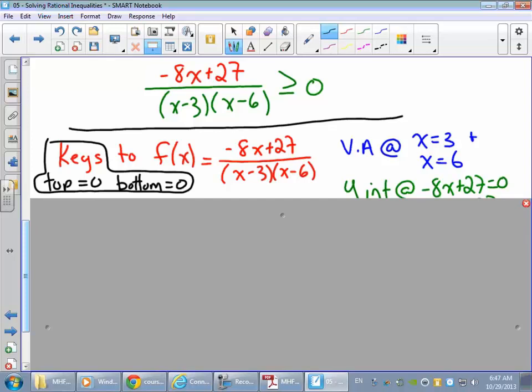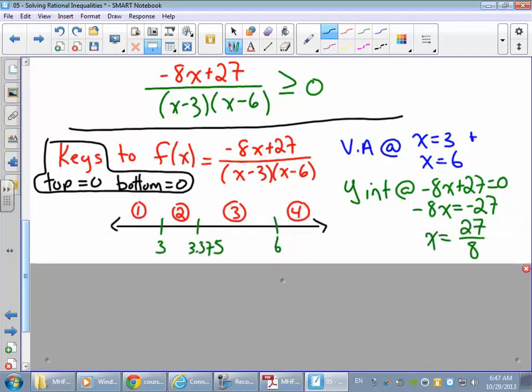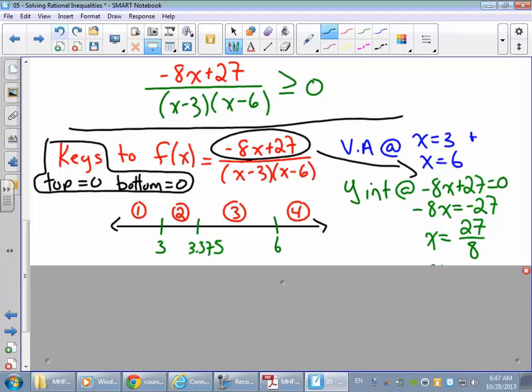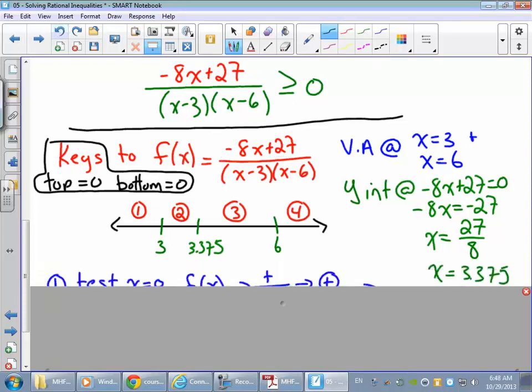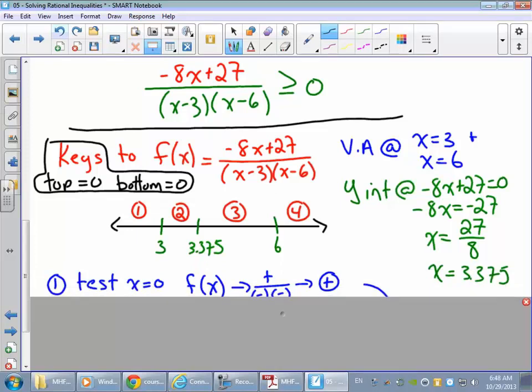And so, off to the side, vertical asymptotes at 3 and 6. And the y-intercept is when x is 0, so I did that over there. Let x be 0, and when we simplify, we get 27 over 8, which I found to be 3.375.